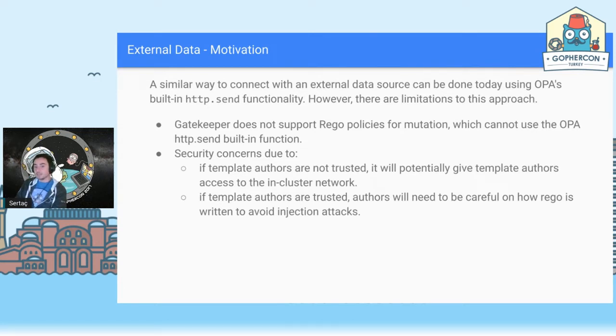If the template author is not trusted, they could potentially send a request to an in-cluster pod, exploiting that pod's weaknesses, even though that pod may not be exposed anywhere else. And if template authors are trusted, authors will need to be careful about how Rego is written to avoid injection attacks.